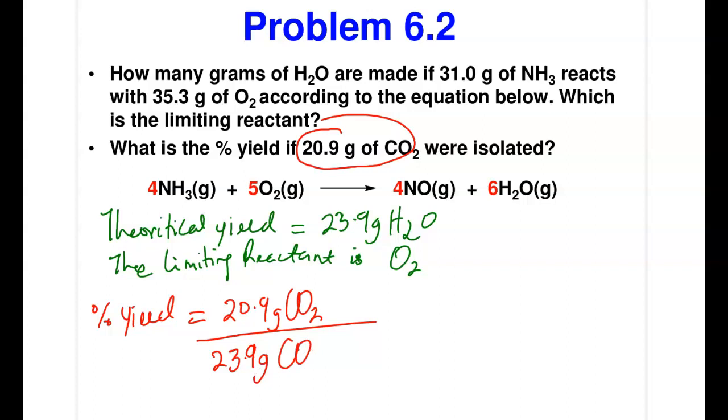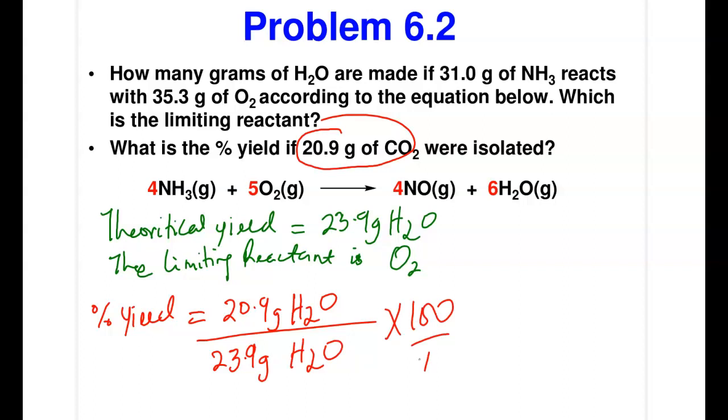No, this is water. Why am I even writing that? Okay, I think I'm going to take this off with the eraser. So this is of water. We're talking about the water molecule here. So it is 20.9 grams of H2O divided by 23.9 grams of H2O times 100/1.